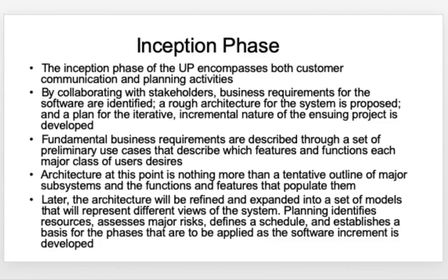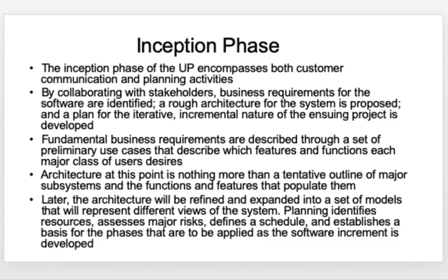So you will collaborate with all stakeholders, identify the business requirements, have a rough architecture for the system, and you also do planning to have an iterative incremental nature for the project. The fundamental business requirements can be captured using use case diagrams.